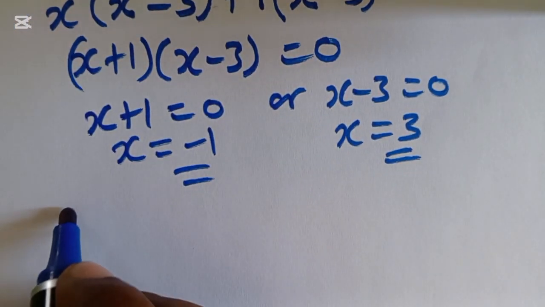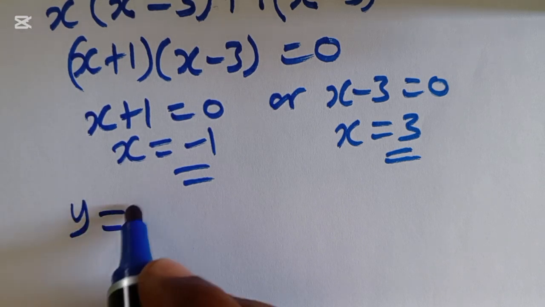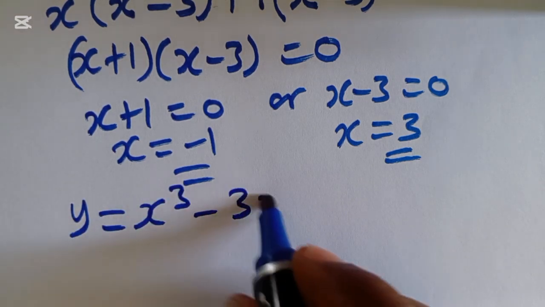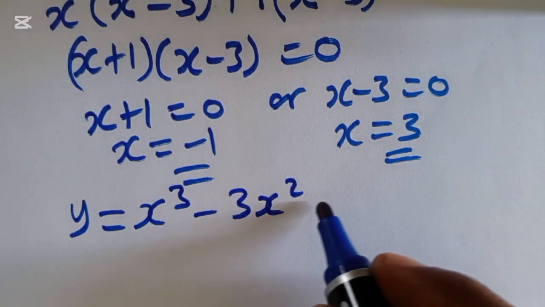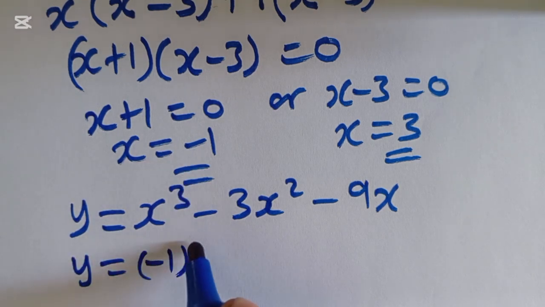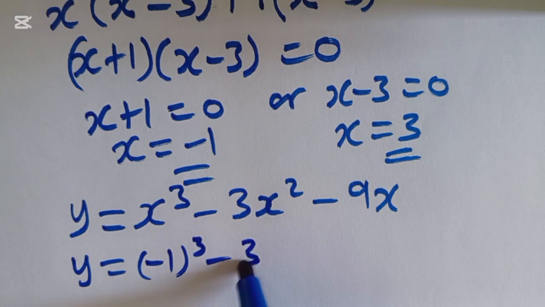So the equation is y is equal to x to the power 3 minus 3x to the power 2 minus 9x. So what is the value of y when x is negative 1?